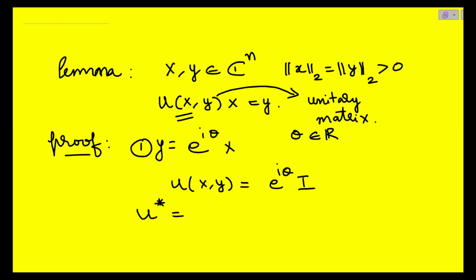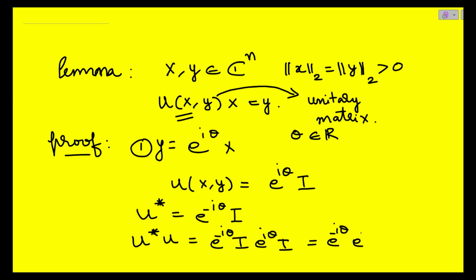But for this complex number, you just take the conjugate, so e to the power minus i theta times I. That's U star. Now when you do U star times U, you have e to the power minus i theta times I and e to the power i theta times I. These are just numbers, so they get multiplied and you can cancel them, and you have the identity.